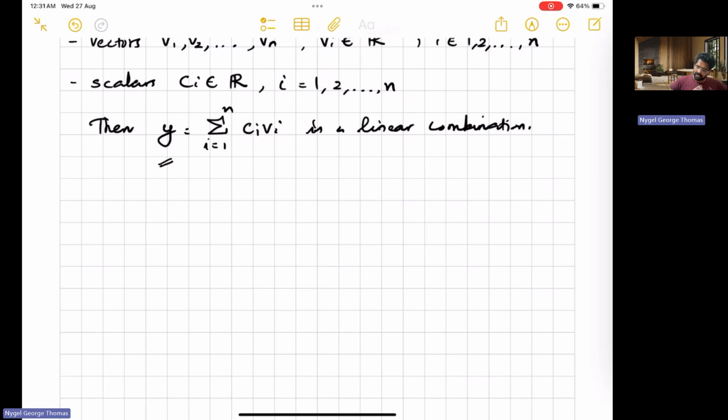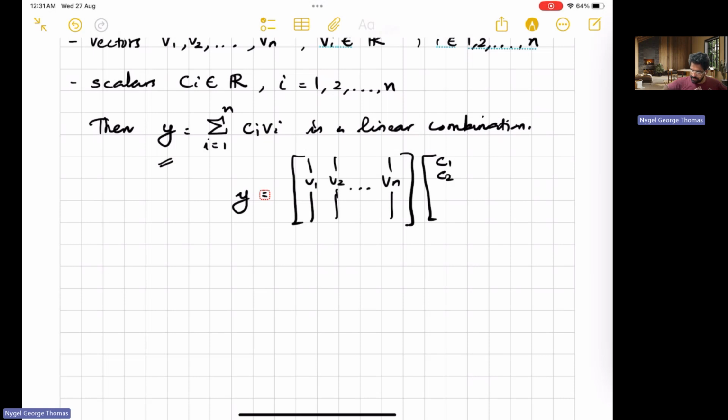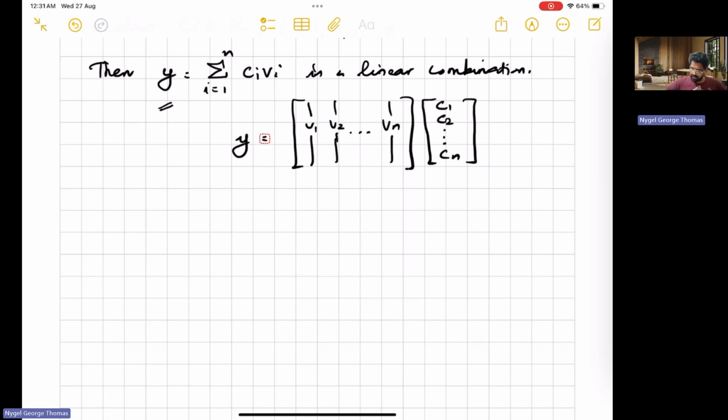So another way of representing this linear combination of vectors is we have a vector y, and we can stack these vectors along the columns of a matrix like v1, v2, etc., vn, and we multiply it with values c1, c2, etc., cn. We have n vectors, so the number of columns of the matrix will be n, and each vector is m dimensional.